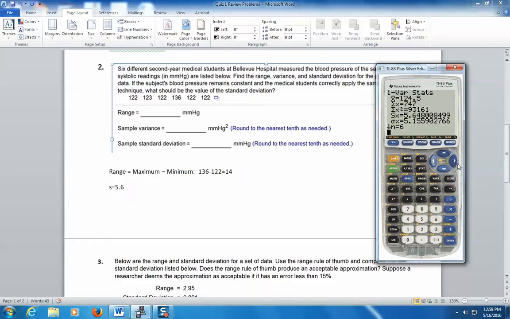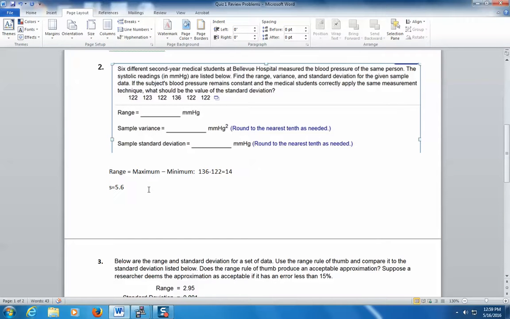So I'm going to clear and take 5.648, square it. So my value estimated for the variance would be 31.9. Okay? So that's the 31.9. So the calculator will not give you the sample variance, it's the standard deviation squared.